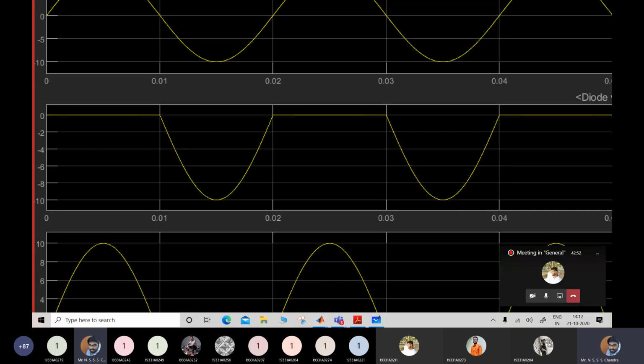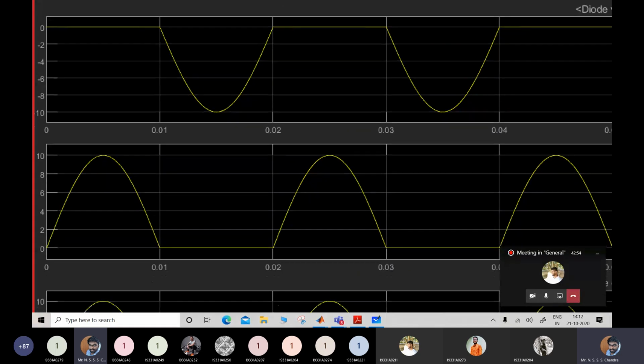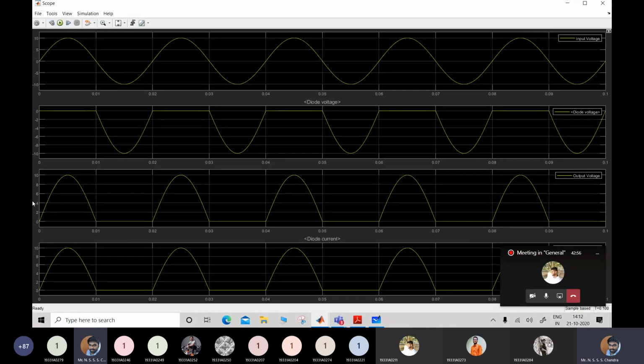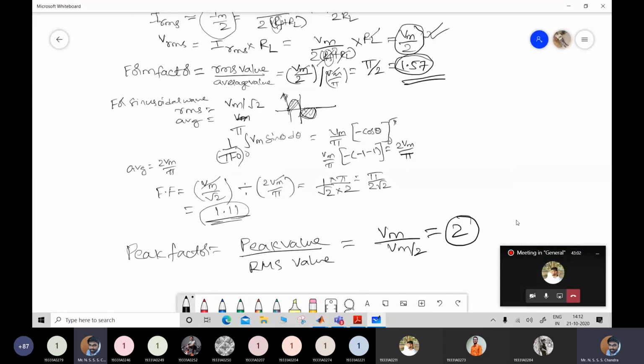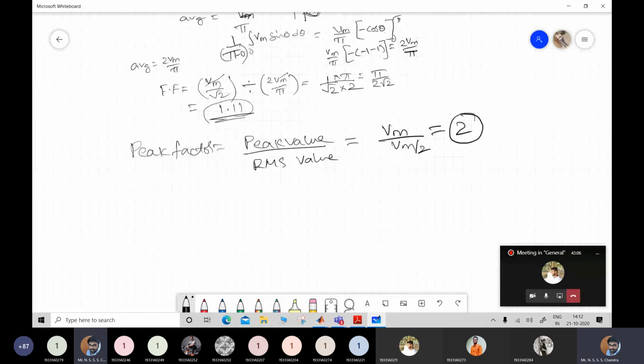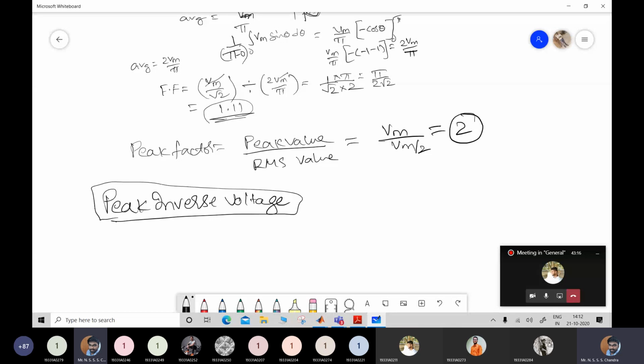Okay, so I'll be writing that on the whiteboard. The next term that we are learning is peak inverse voltage. Peak inverse voltage is the maximum voltage appearing across the diode in the reverse bias.